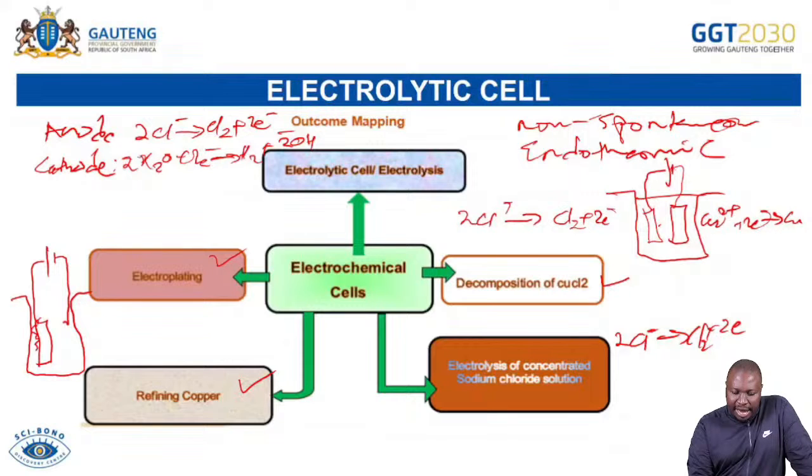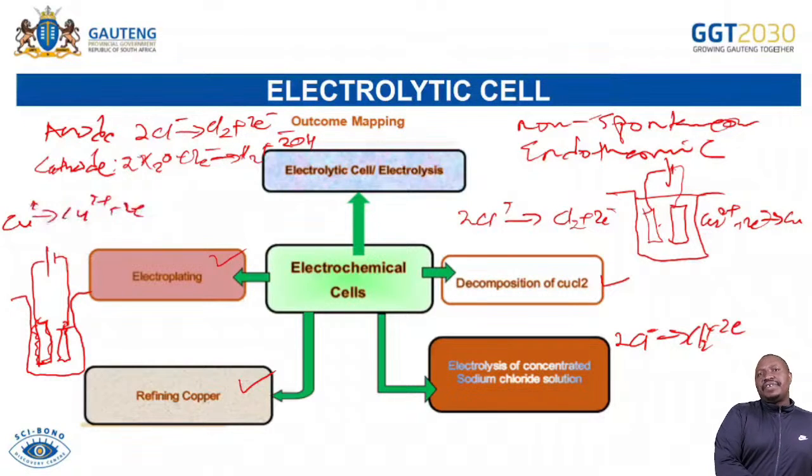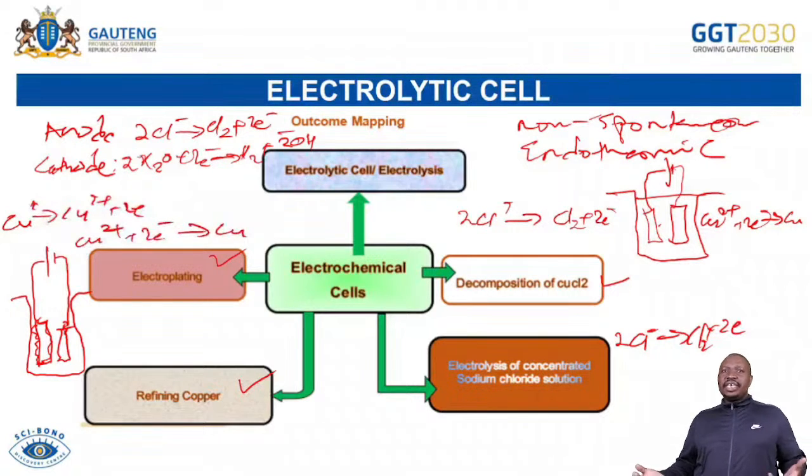Copper on the anode will lose electrons, copper solid forming copper 2 plus plus 2 electrons. And on the cathode side, you just write the same reaction in reverse: copper 2 plus plus 2 electrons forms copper. Remember, on the cathode, we have gaining of electrons taking place. So that happens in terms of purification of copper.